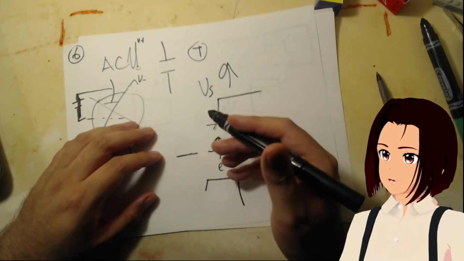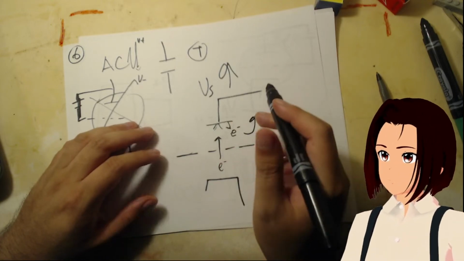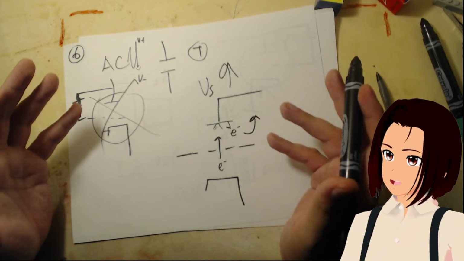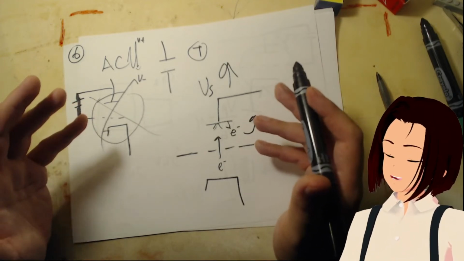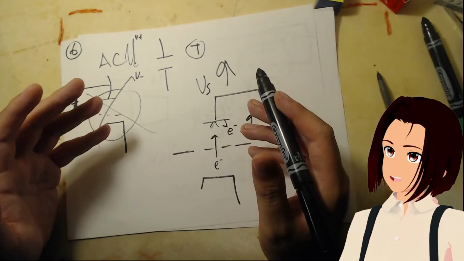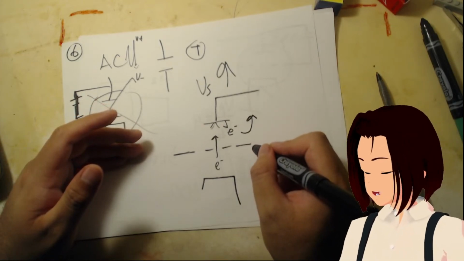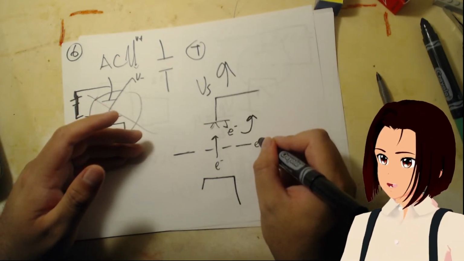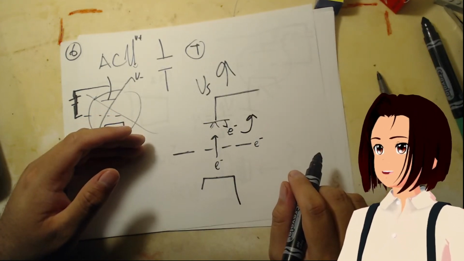Now, a good number of them are going to go back to the plate. That's fine. It makes it imperfect, but it's still doing what we would like. But some electrons can accumulate on the grid, and that's a problem.